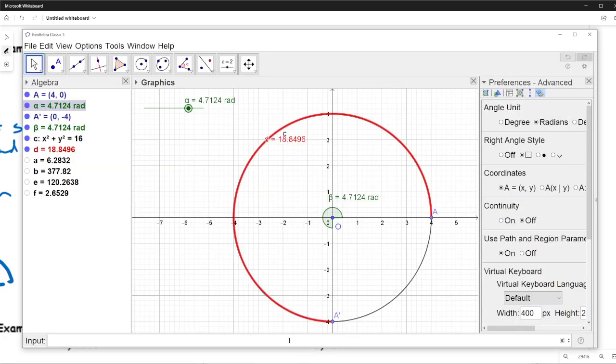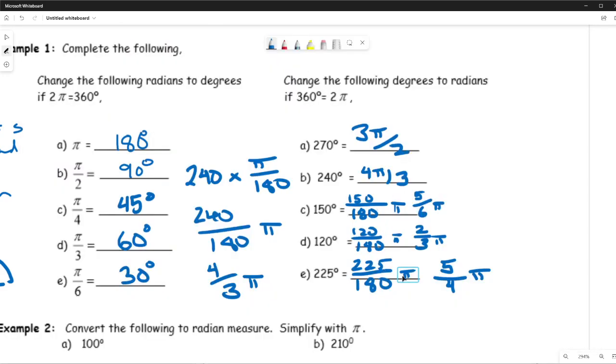We'll just confirm that last one. If we change alpha to 5 pi over 4, we get 3.927 rad. But if you change that to degrees, 225. So 5 times pi over 4 is equal to 3.927. Now you can write 3.927, but you can also write 5 over 4 pi.